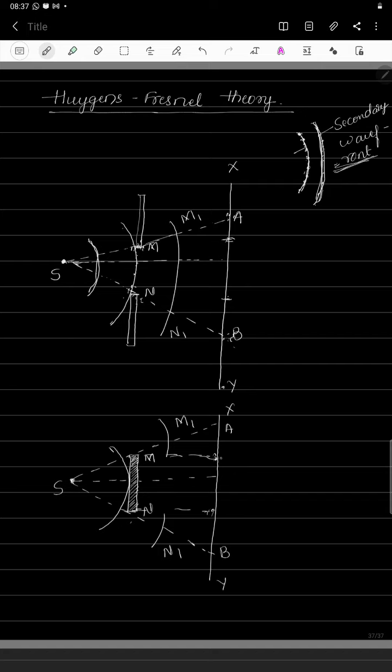In this region you should expect the shadow of this obstacle. If the size of the obstacle is very small, at these two edges the bending of light waves takes place and it enters this shadow region. But if the size is bigger, the light is not going to enter the geometrical shadow region; it goes straight.